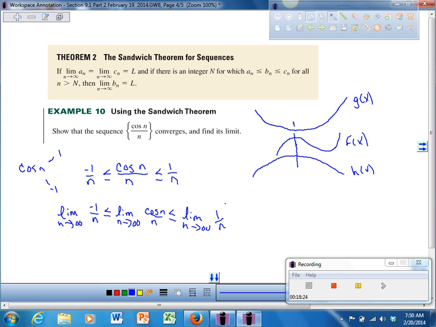All right, well, what is the limit as n goes to infinity of negative 1 over n? That is 0. What is the limit as n goes to infinity of 1 over n? Also 0. So what does that mean about the limit we're looking for in the middle? It will also go to 0. The one in the middle is the one we're trying to figure out.